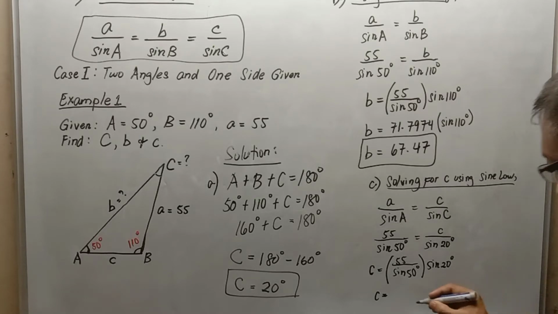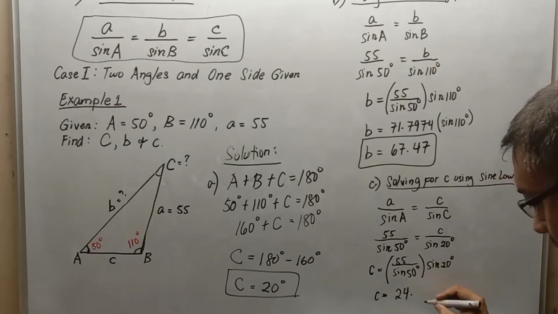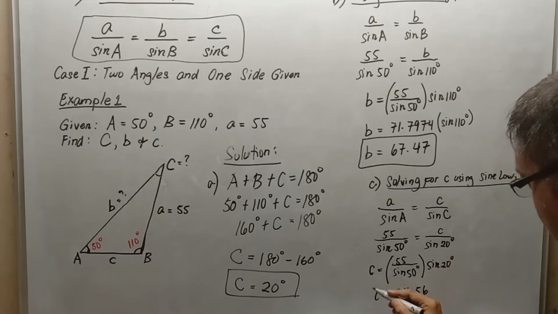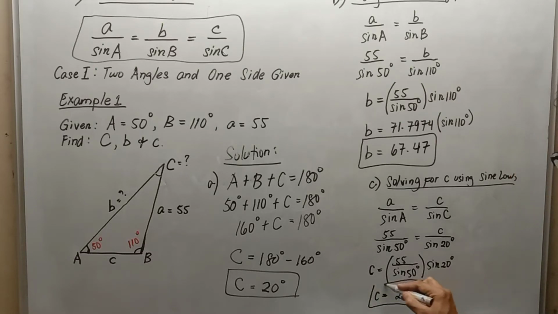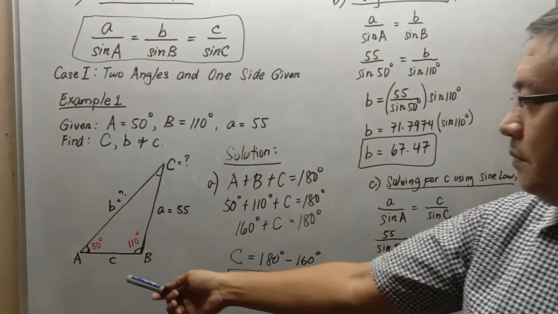So there are 24.56. Okay, guys. So this is the value or answer for the third requirement, the value of side C.